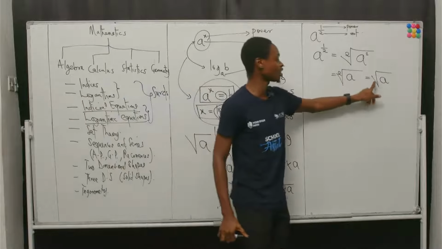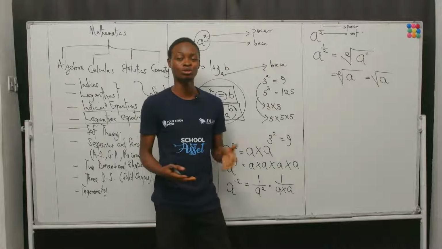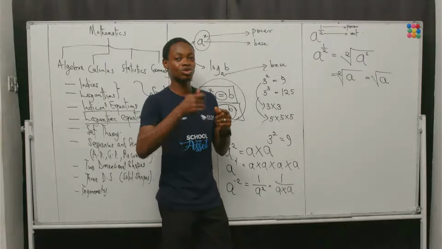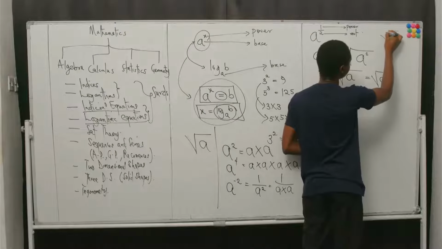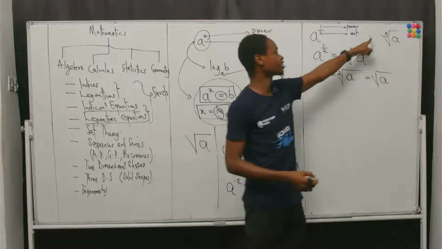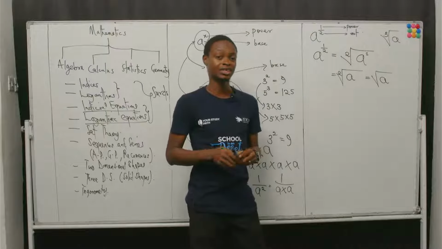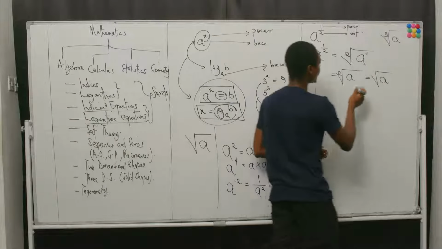So if you have the square root written this way without any number there, then it simply means that the number there is 2, which is why it's called square root. If the number was 3, it will be called cube root, because 3 represents the cube if it was represented as a power, and so on and so forth. But let's go back here.